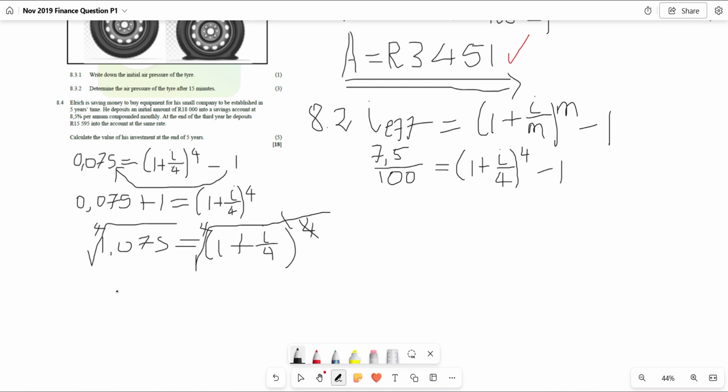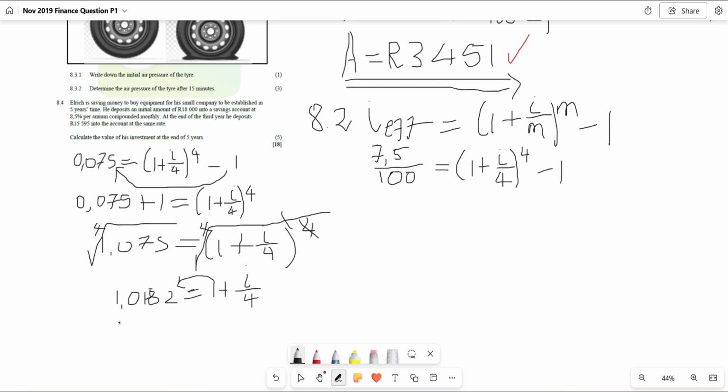The fourth root of 1.075 gives us 1.01882, which is equal to 1 plus I divided by 4. Now we are good to go. Then we are going to bring this 1 to the other side.